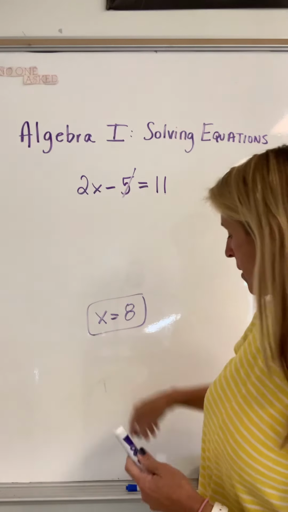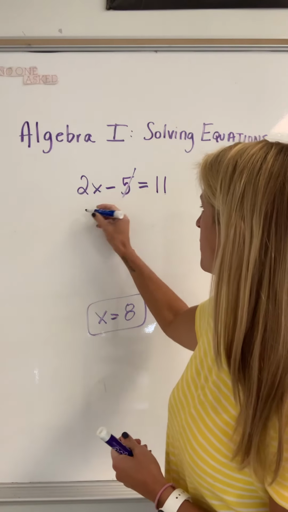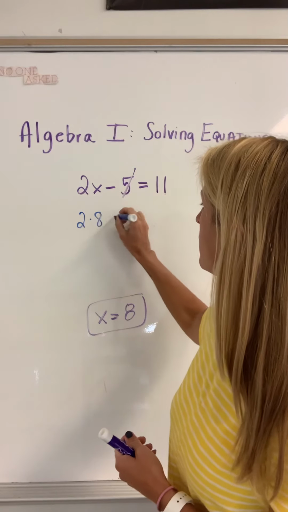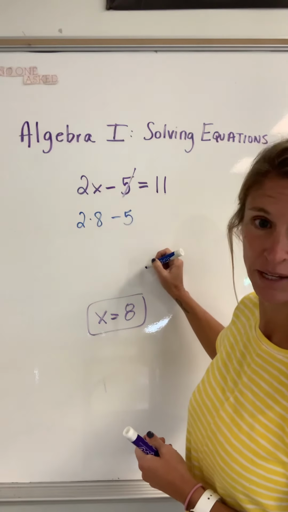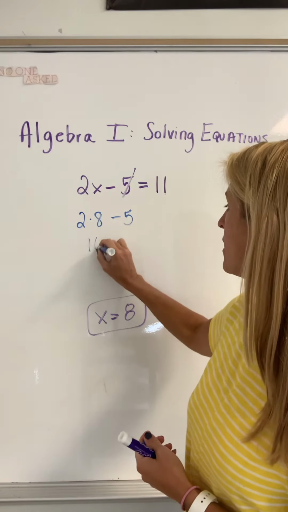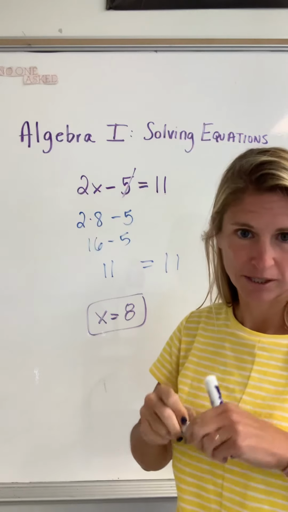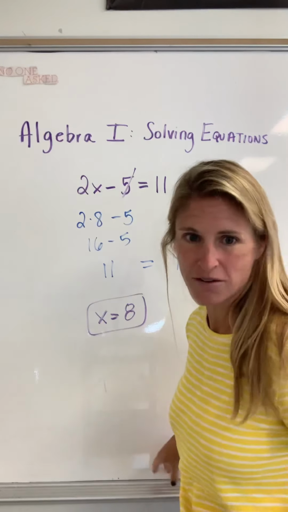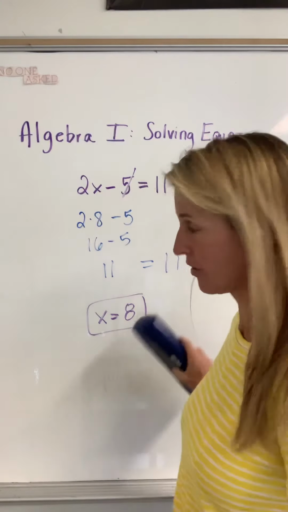So when I put x back in here, 2 times 8 minus 5, what does that give me? Well, 16 minus 5 gives me 11. Awesome, it checks out. That's what I have on the other side. My equation works. That's something that you guys have done a lot in 7th and 8th grade.